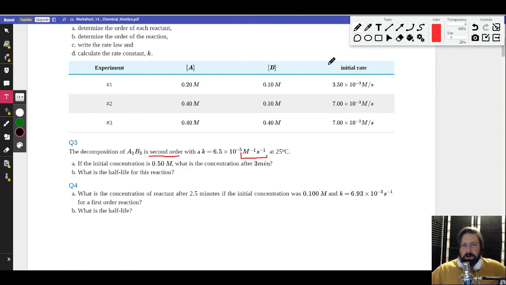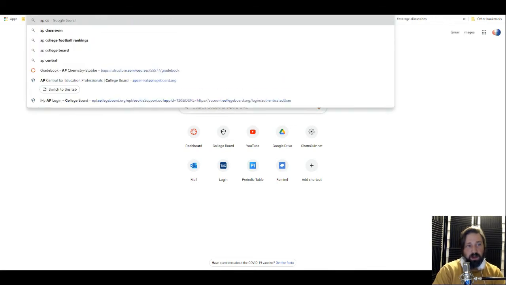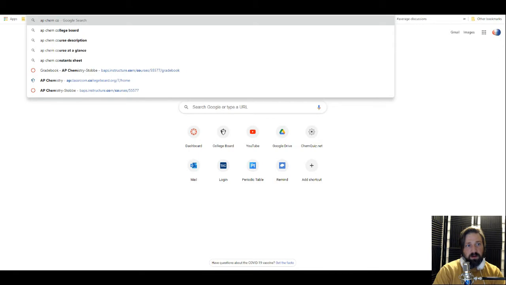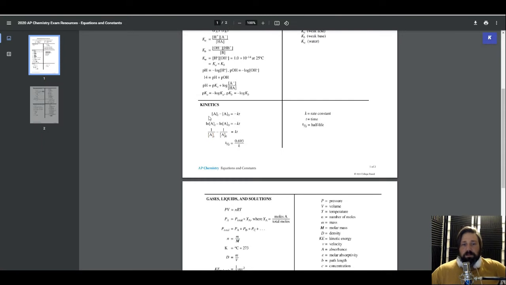Now that we have second order, we can look on your AP Chem constant sheet, and you can look to see which one of these formulas you need.